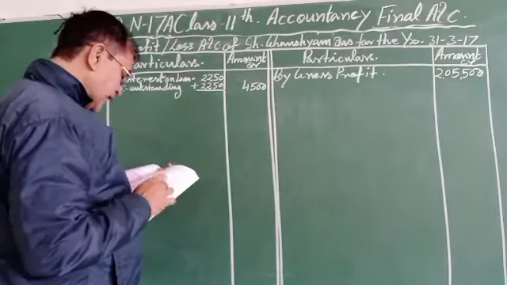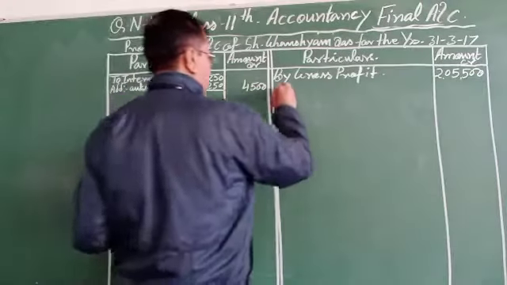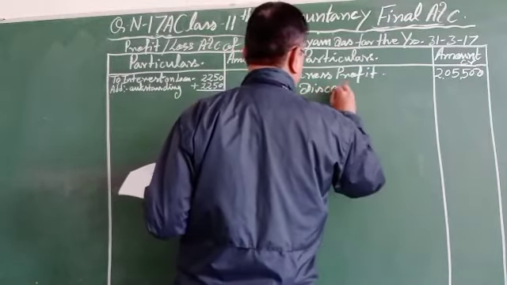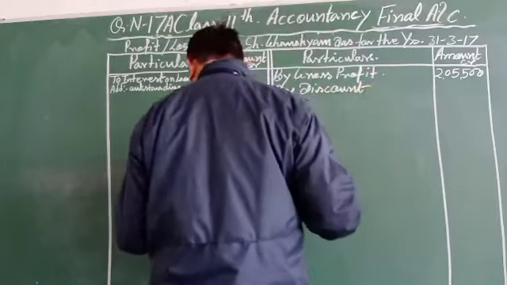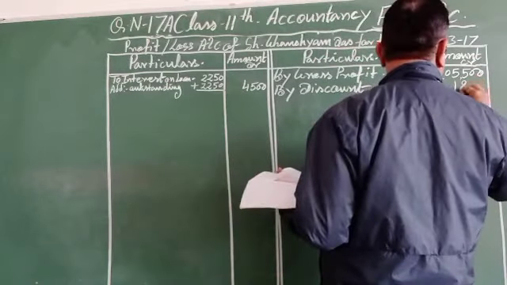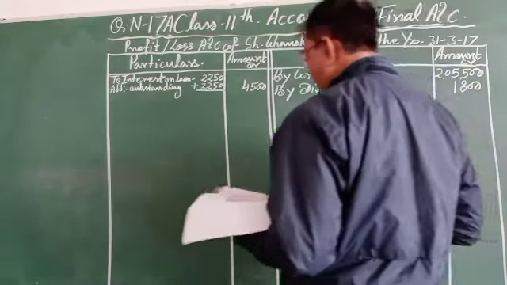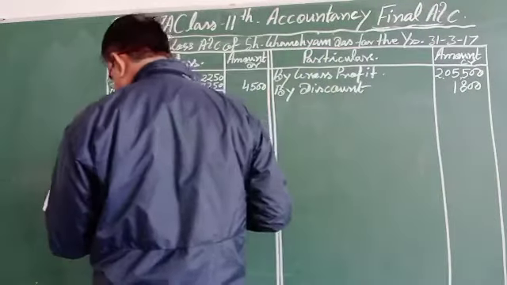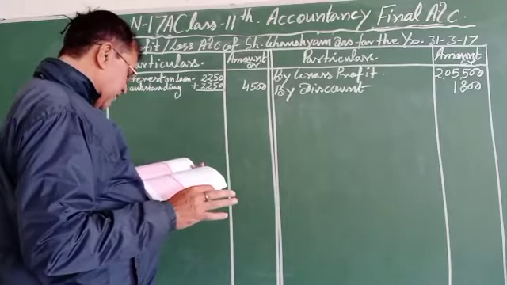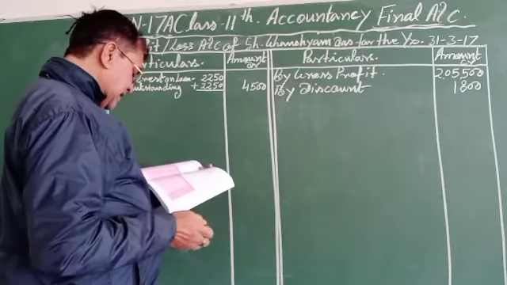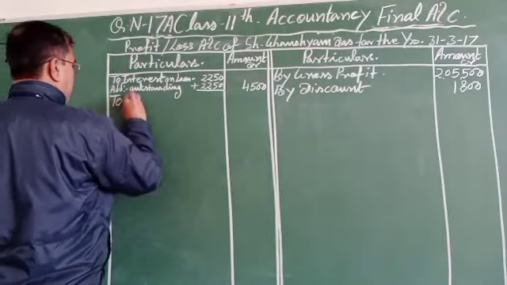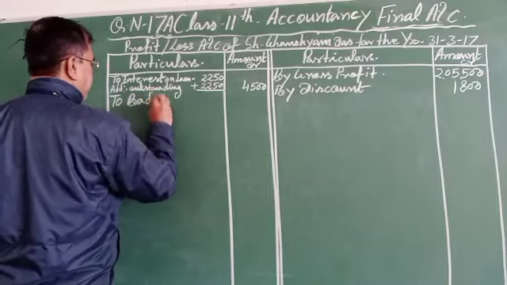Then after, discount given in the credit column, we can write over here by discount, that is 1,800. Then stock given, motor vehicle, cash at bank, investment, wages, land and building, to bad debts.